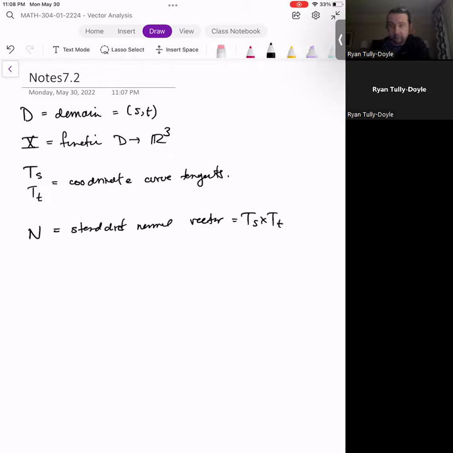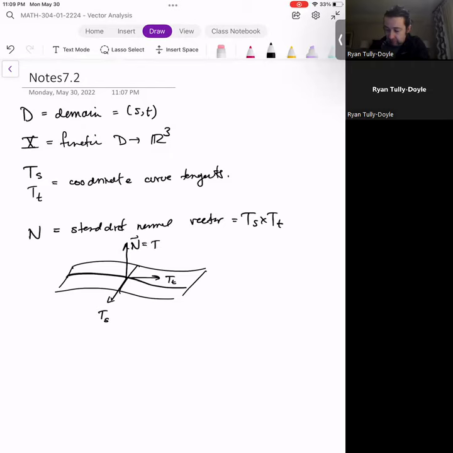Remember the picture to keep in mind: you have some surface, you have some curves on it, you have a tangent poking out this way, maybe this is TS, and a different tangent poking out this way, which is TT. And then you look at the normal vector N, which is equal to TS cross TT. Of course, these are all vectors, so I should be putting vectors on top of them.